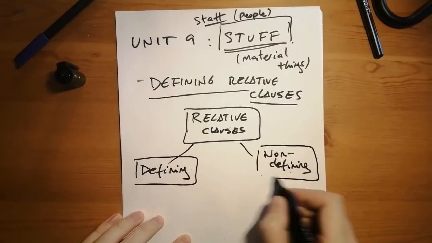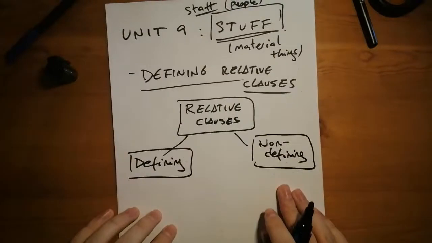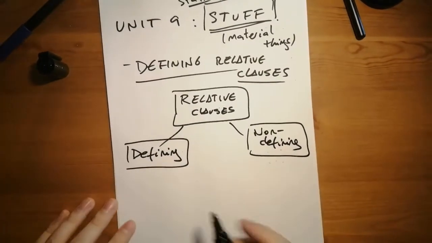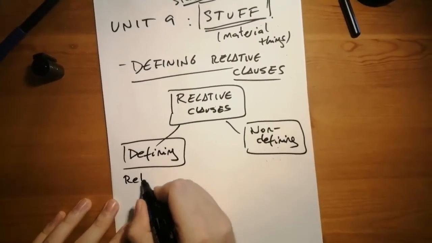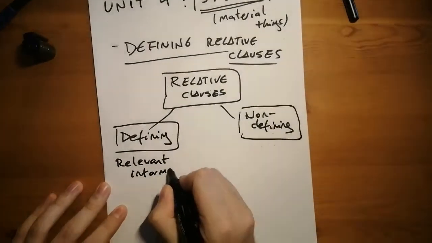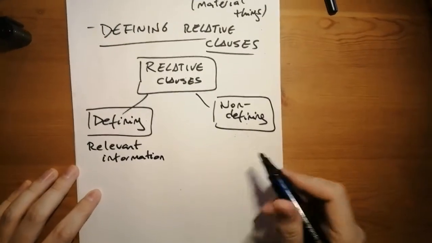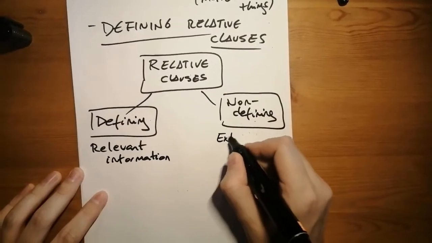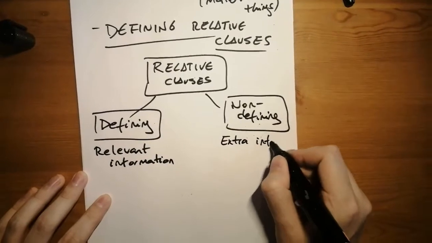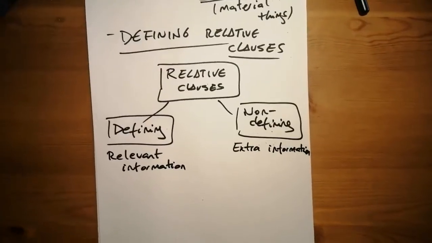The non-defining are not, but anyway, I'm going to give you that information. So the defining relative clauses are the ones that express relevant information, okay? And the non-defining express extra information. That is why it is between commas. We will see that later.